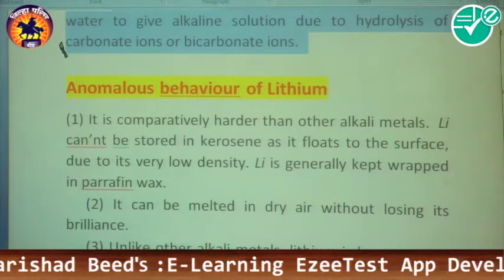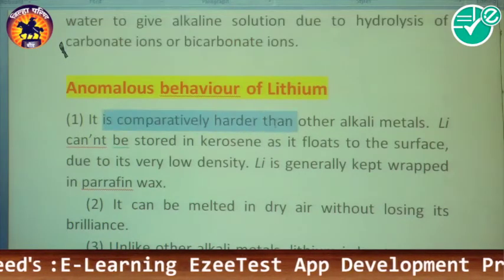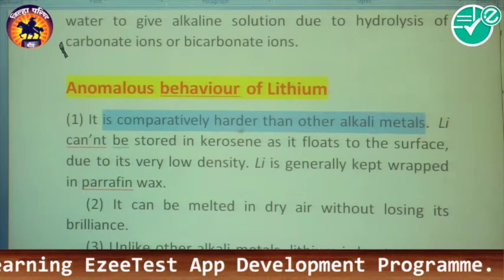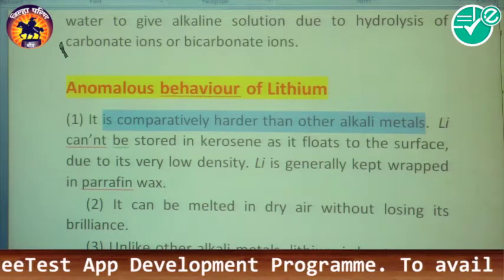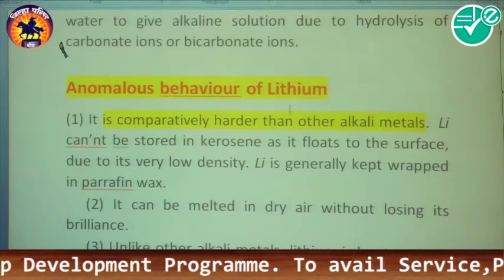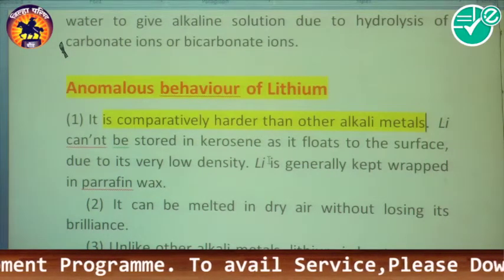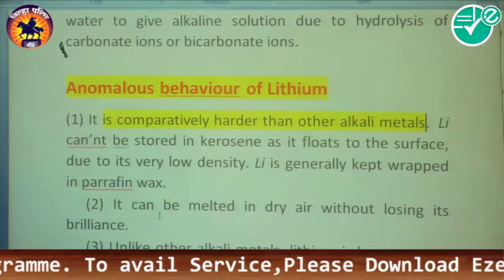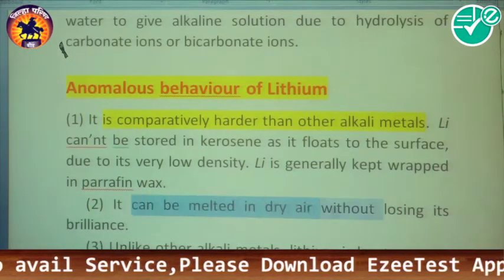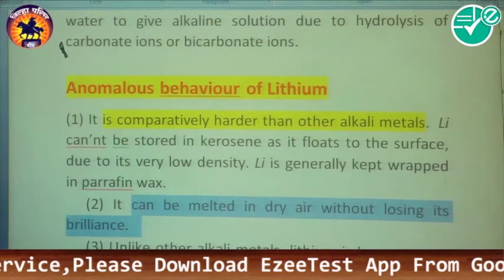The first one is, it is comparatively harder than other alkali metals. Next, it can be melted in dry air without losing brilliance.